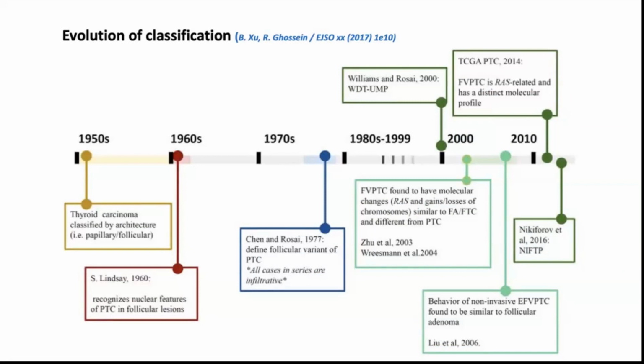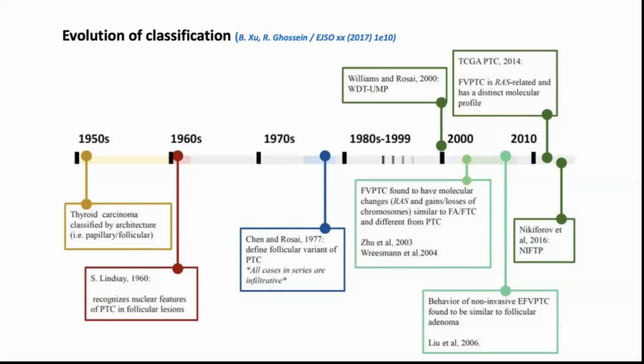But by the late 2000s, we see a lot of development and changes in the histomorphology and the naming of these cancers, especially follicular variant of PTCs, which were found to be associated with RAS mutations. And also there was an entity of well-differentiated thyroid cancer with undetermined malignant potential.